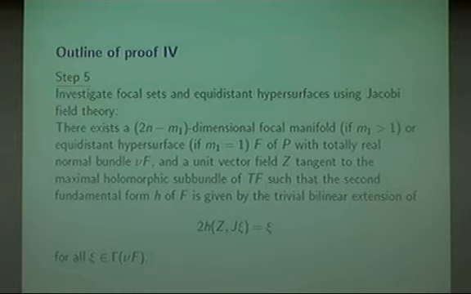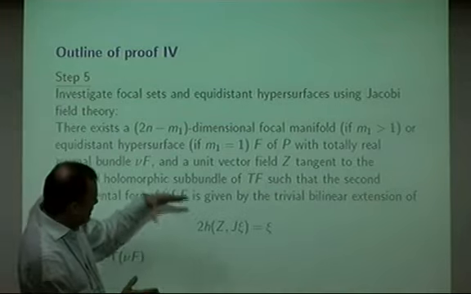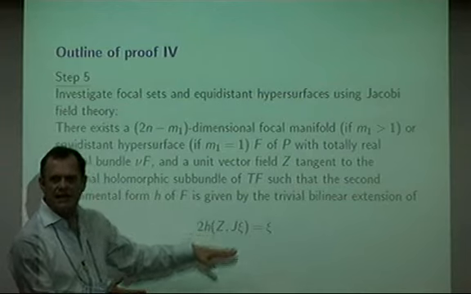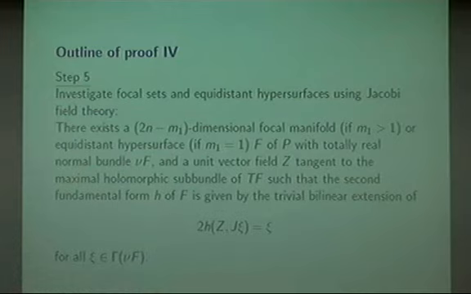So one knows explicitly the second fundamental form of the focal set. But you see, this is now more complicated than in the real hyperbolic case. In the real hyperbolic case, we just got 0 for the second fundamental form of the focal set, so it must be totally geodesic. Here, we get a non-zero second fundamental form. So what one needs to do is to classify all submanifolds which have this particular second fundamental form.